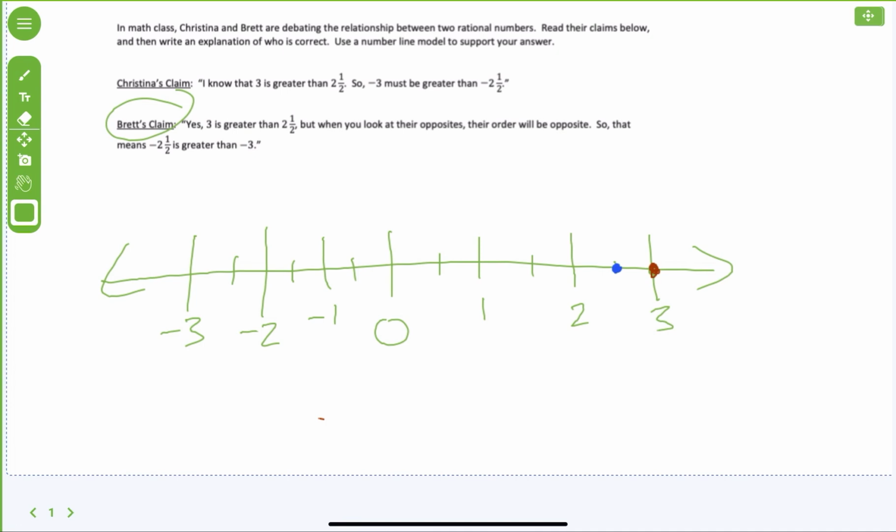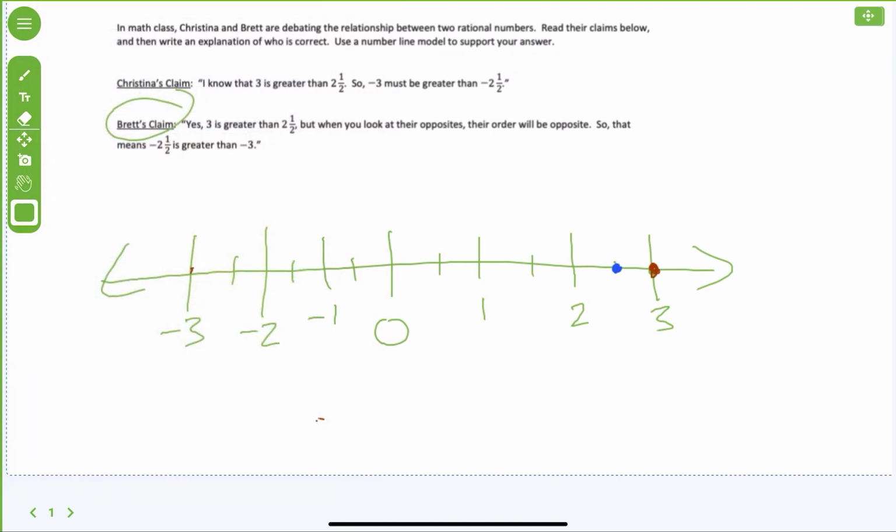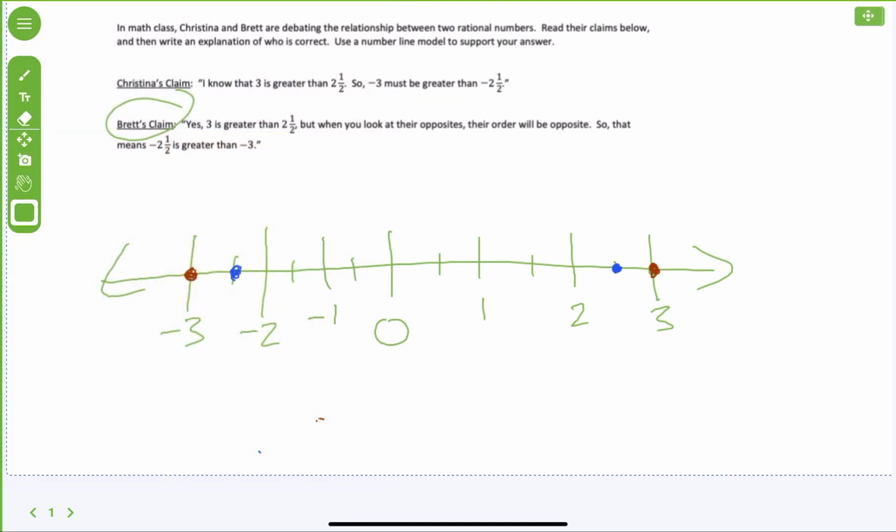But when we're looking at negative integers, we go from right to left. Okay? So, if we flip this, negative 3, the opposite of negative 3 is here, and negative 2.5 is here.